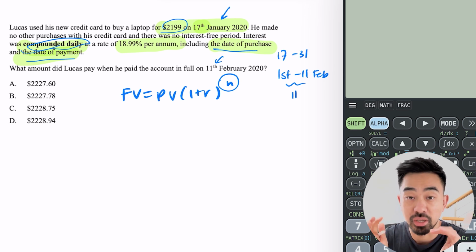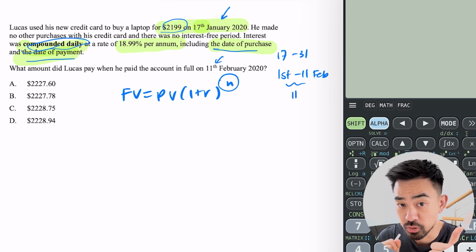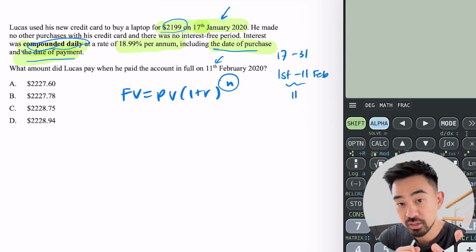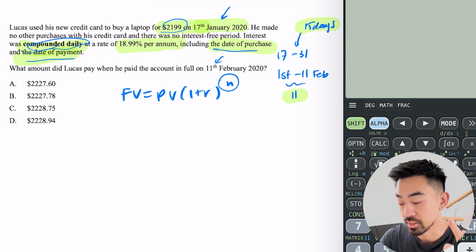Now, sometimes it's actually easier just to count on your fingers. So you go 17, 18, 19, 20, 21, 22, 23, 24, 25, 26, that's 10, 27, 28, 29, 30, 31. That's 15 days, okay? 15 days. So add these two together, 15 and 11, that's going to be 26 days in total.